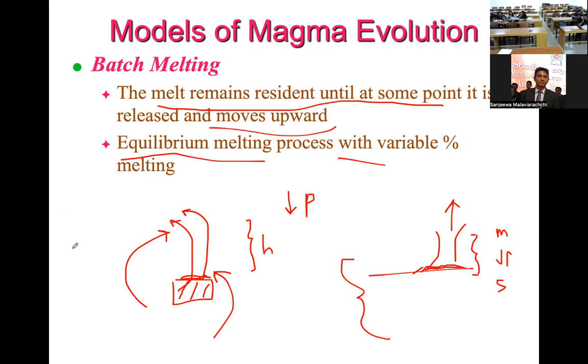For example, melts derived from some other regions can come and mix with these melts, and they can also interact with the solid, react, and change the composition. So the original system composition changes, and partition coefficients will start to change again. Such very complicated processes are there.